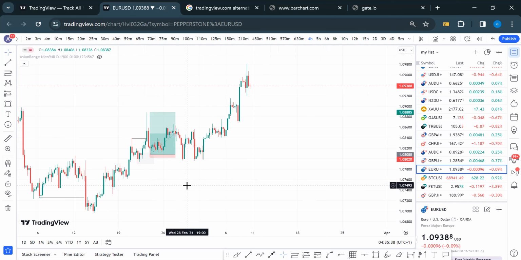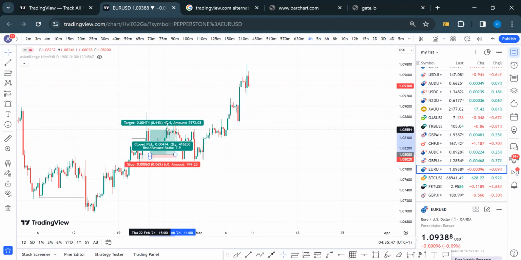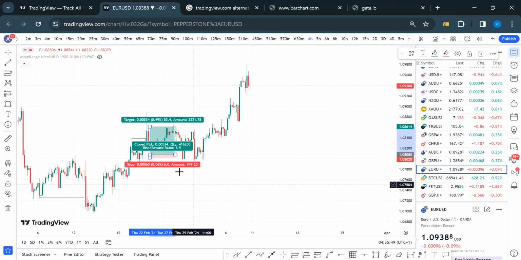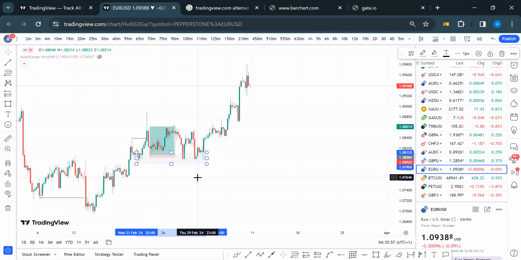But unfortunately, it didn't get to our take profit. It went to eat the stop loss, then reversed back. But since we are still within this demand zone, you can still look for the same thing. Price never broke out, so nothing has happened.